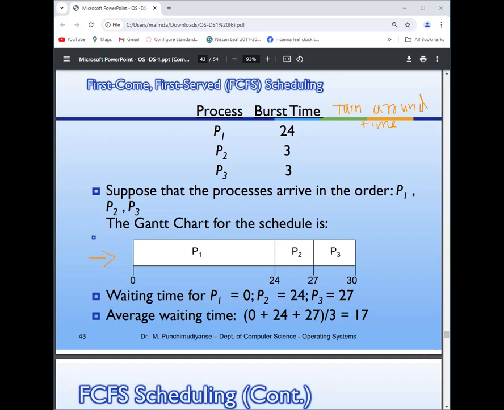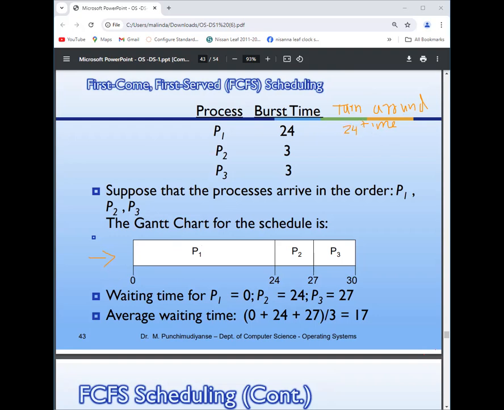Can somebody tell me? From the admission to the queue until it completes. So P1 is admitted at time 0, and it completes at time 24. Yes. So the turnaround time for P1 is 24.